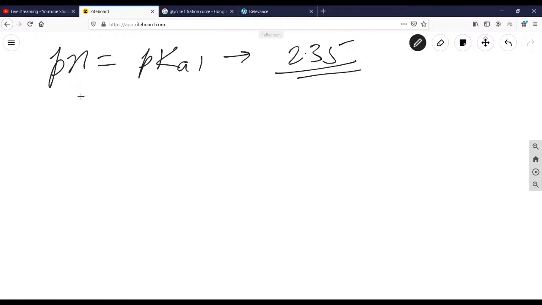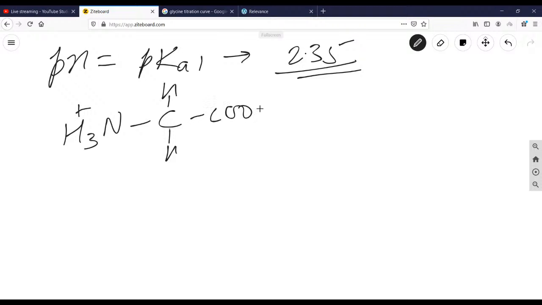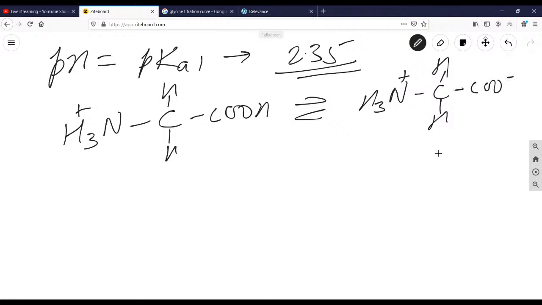When pH is equal to pKa1, you will get this state: half will be completely protonated, but half will be like this, COO minus. It will not be fully protonated because too much H+ is not there. It is equivalent to pKa1.